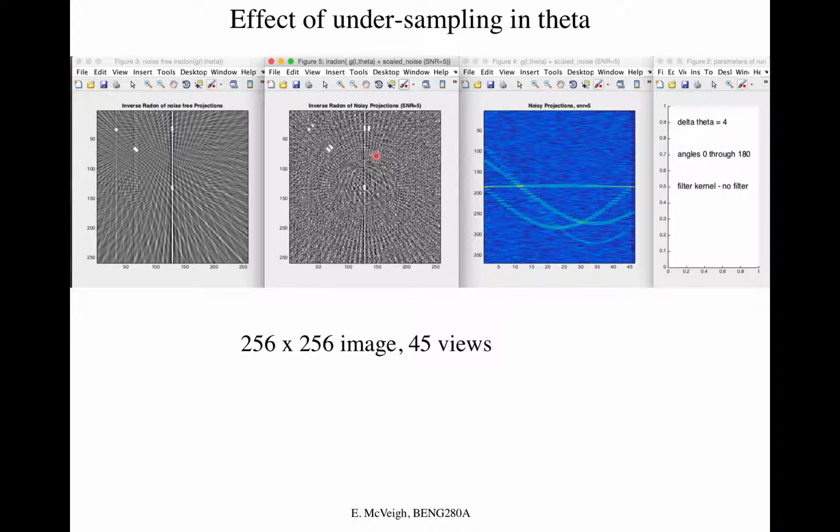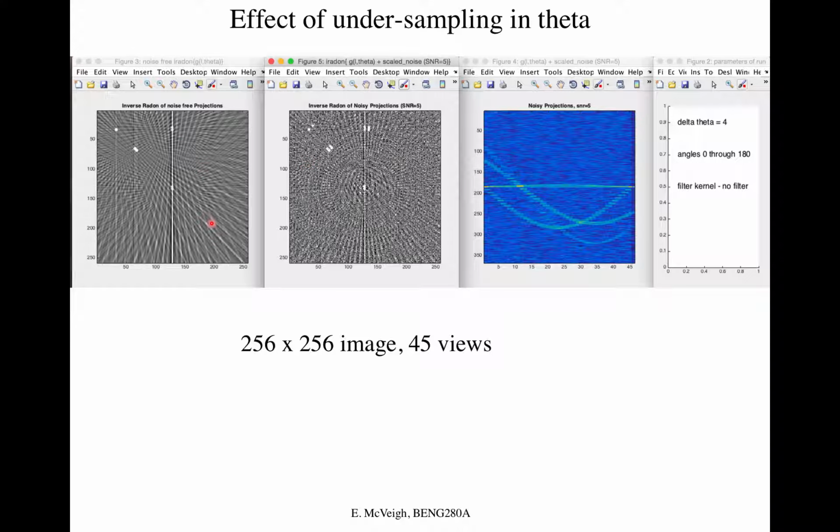When you subsample by dropping the total number of views we use to make a picture, so we take our radon transform and take only, say, 45 views through that raw data and bring it back, you start to see these artifacts.